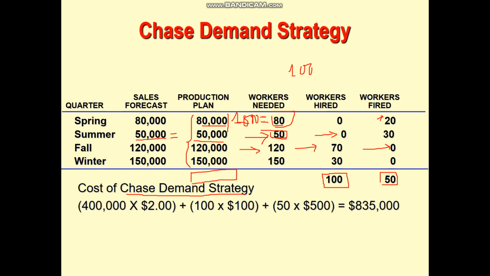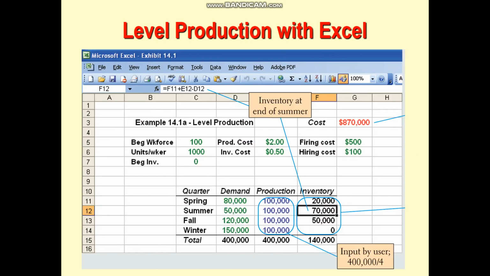So we have the total production quantity of 400,000 and the production cost per unit is $2 here. And the firing cost is $500. Hiring cost is $100.